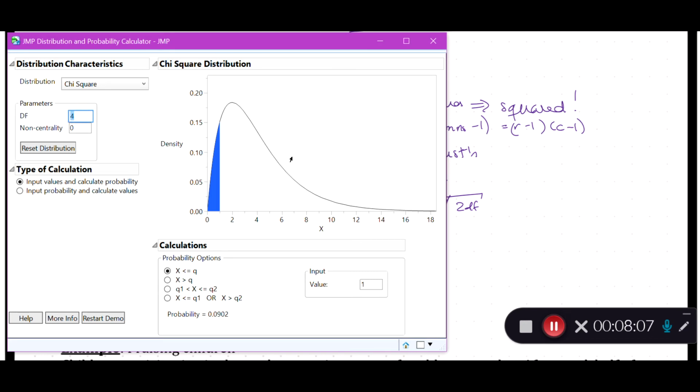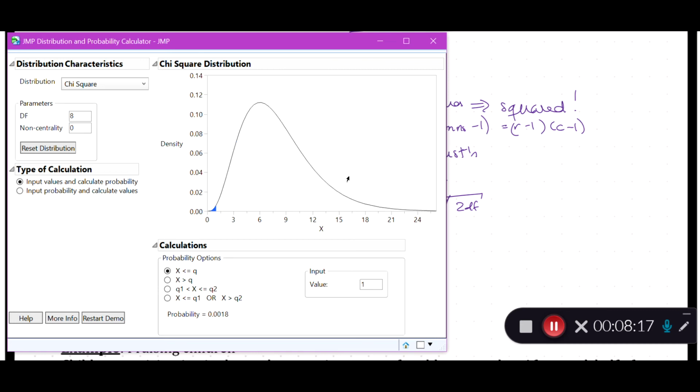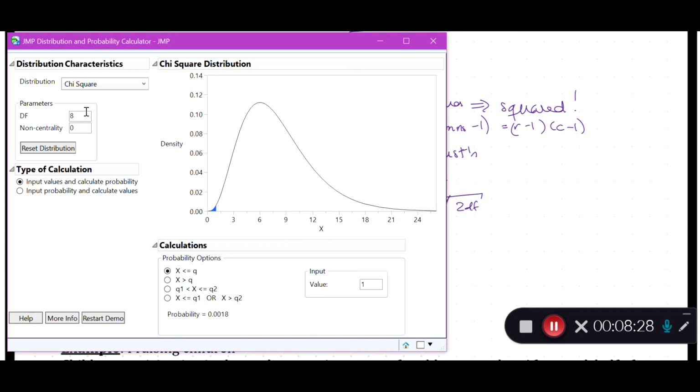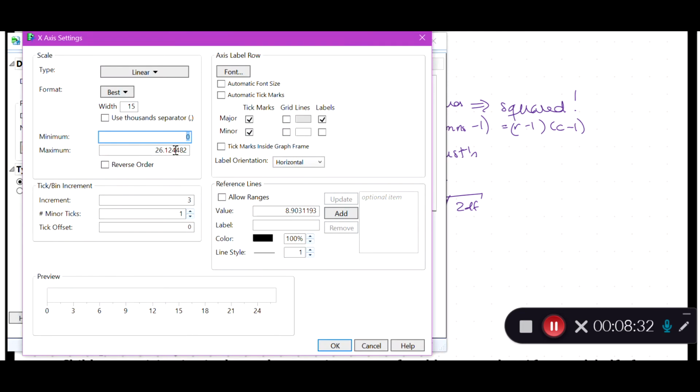Let's make this 8. So I'm increasing my mean from 4 to 8, so my degrees of freedom is going from 4 to 8. I'm actually going to change my scale. My scale before was from 0 to 18, and I'm going to keep my scale from 0 to 18 so that we can get a sense of what is happening.